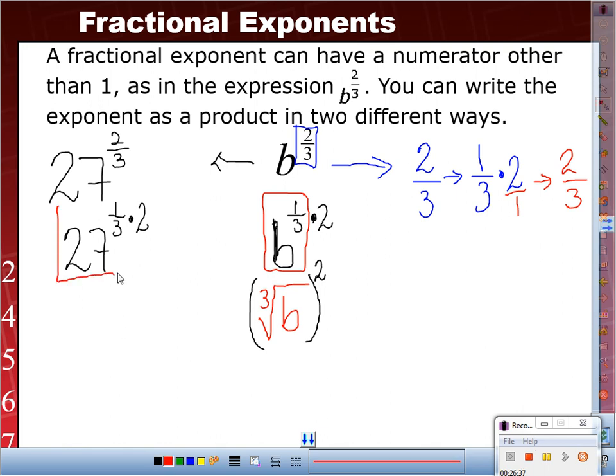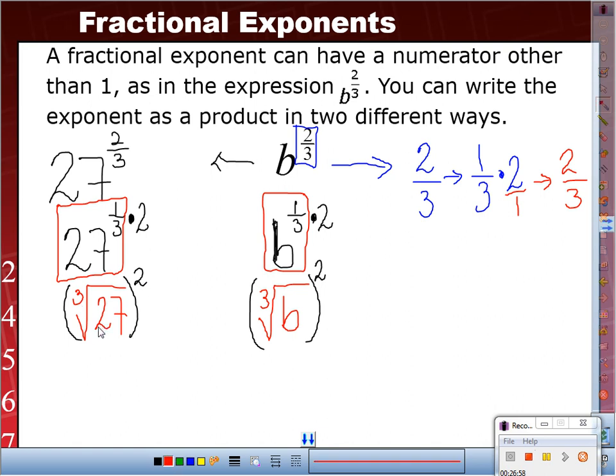Then I box this because I know what to do with this. This becomes what? Cube root of 27. What does this indicate? Multiplication, so I open a parenthesis, and what goes outside? The 2. Are we there so far? Now check this out.